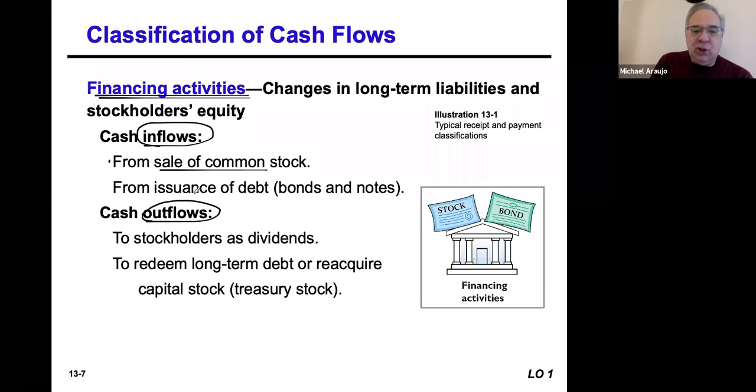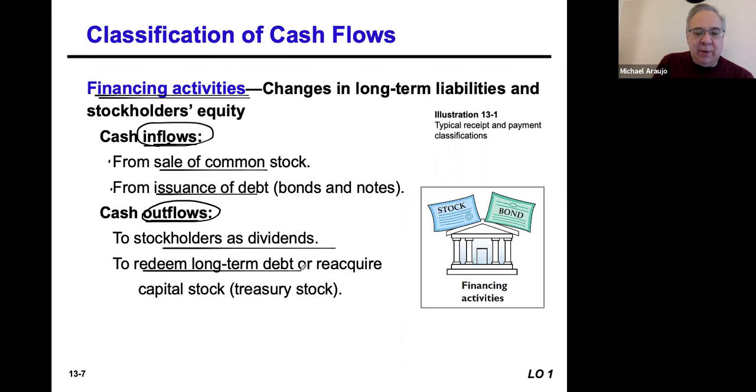Whenever they issue bonds or notes to investors, cash is coming in because the investors are giving them a loan. So that's an inflow of cash. Cash going out from financing activities means every time they pay stockholders dividends, that's a financing activity because it affects stockholders.